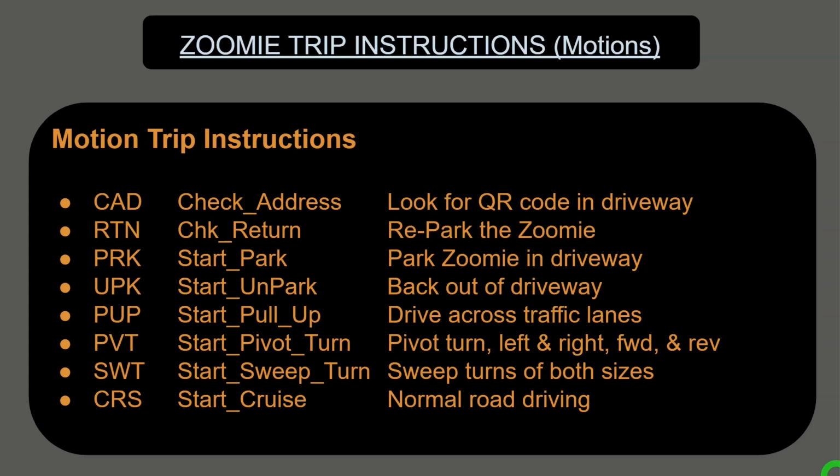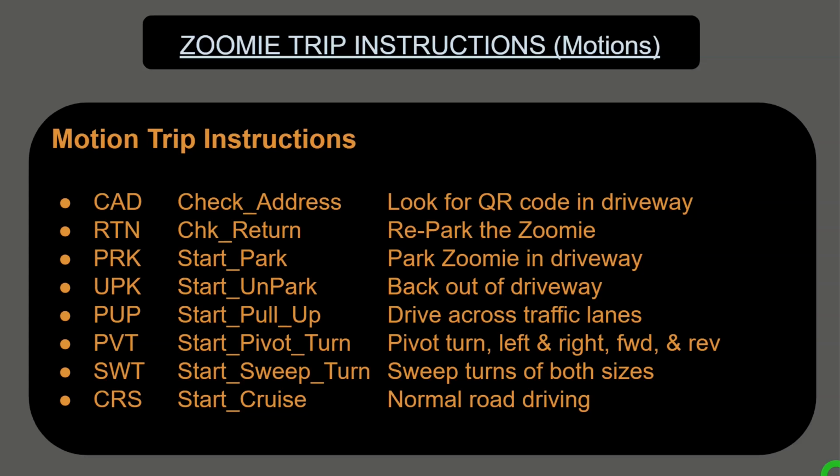Park, PRK, and unpark, UPK, those two commands allow the Zoomie to pull into a driveway, read the QR code while it's doing it, and park at a very specific location. It's essentially a 1/4 inch wide marking tape that goes across the guideline.